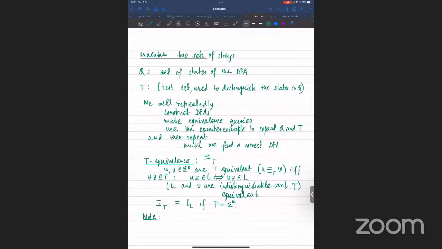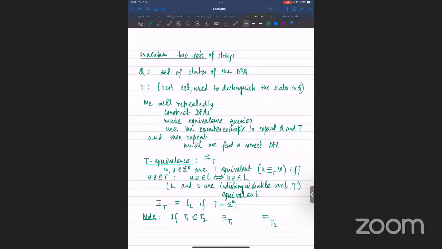Note that if T1 is a subset of T2, consider two such sets, T1, T2. What can you say about this one? Which would be a refinement of what?